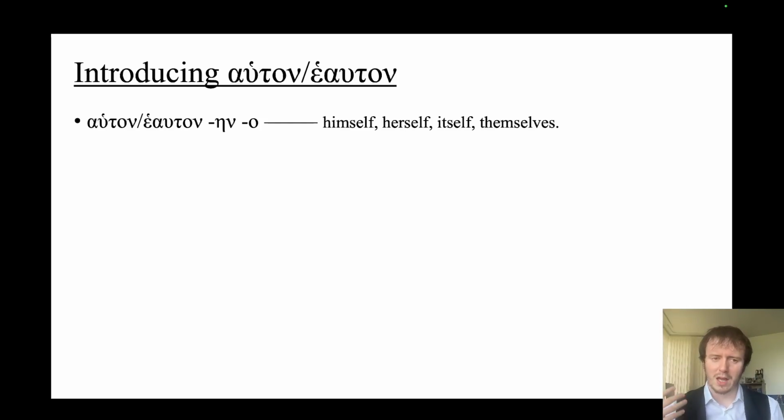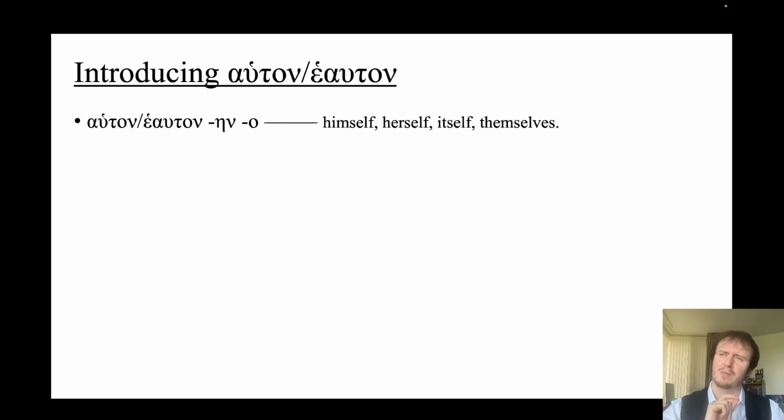Now, concerning how it declines, I have some good news for you. I've given the accusative forms as the standard dictionary forms rather than the nominative because the nominative forms of this word do not exist. However, it should be noted that most dictionaries will use the genitive as the standard form if the nominative doesn't exist.